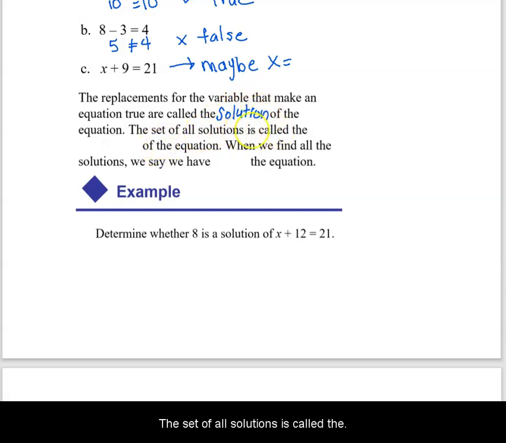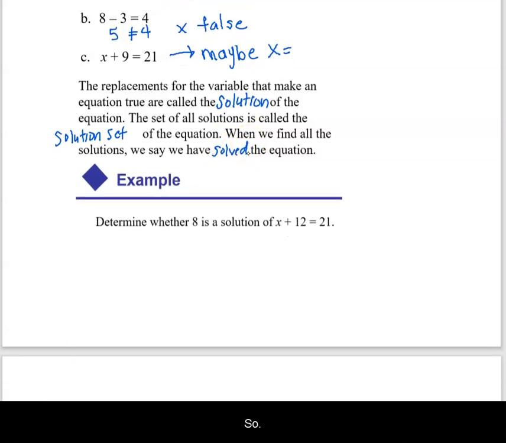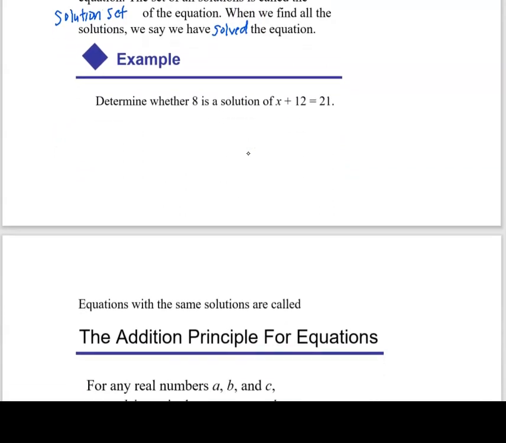The set of all solutions is called the solution set. When we find all the solutions, we have solved the equation.